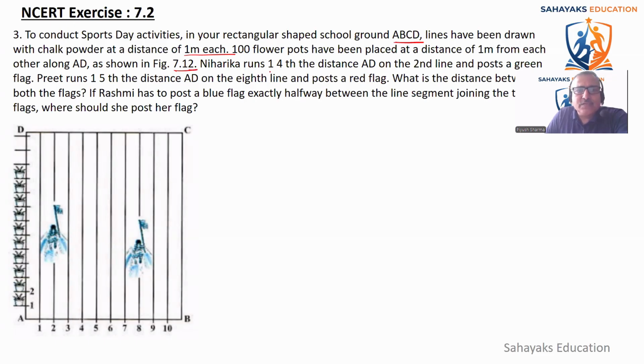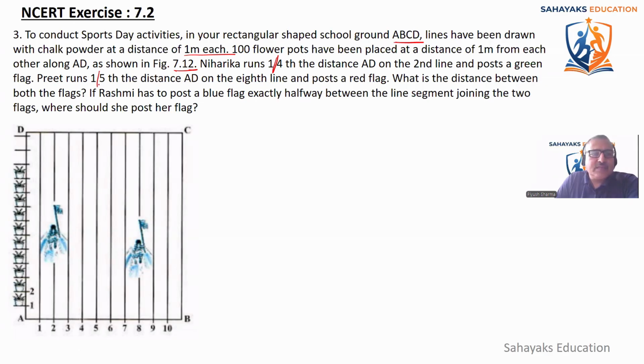Niharika runs 1 by 4, it's actually 1 by 4, and it should be 1 by 5 here. 1 by 4th of the distance AD on the second line and posts a green flag. Preet runs 1/5 of the distance AD on the 8th line and posts a red flag. What is the distance between both the flags?